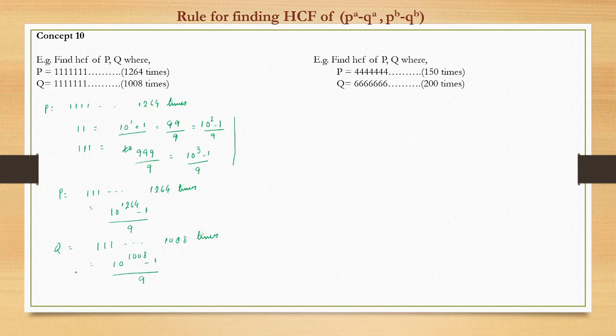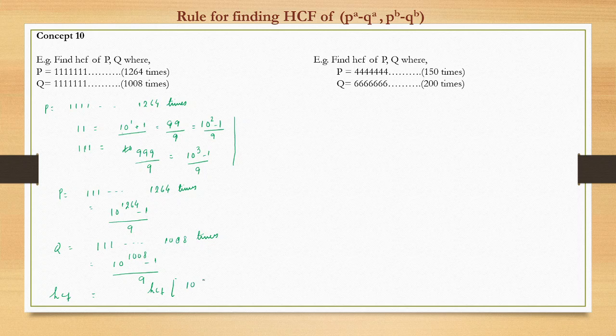So HCF of P and Q. Look here carefully. P is 10 raised to power something minus 1, and Q is 10 raised to another power minus 1, where 10 and 1 are co-prime. This is in the form of numerator by denominator. The HCF of fractions is the HCF of the numerators upon the LCM of the denominators.